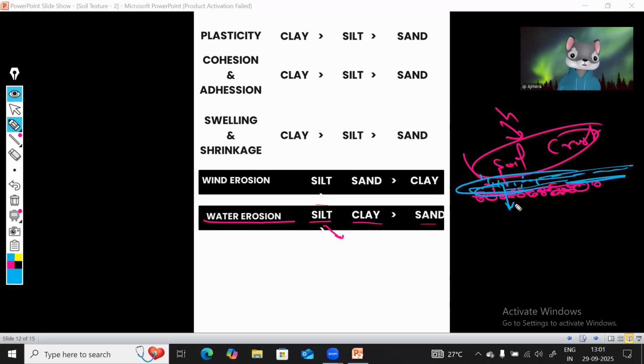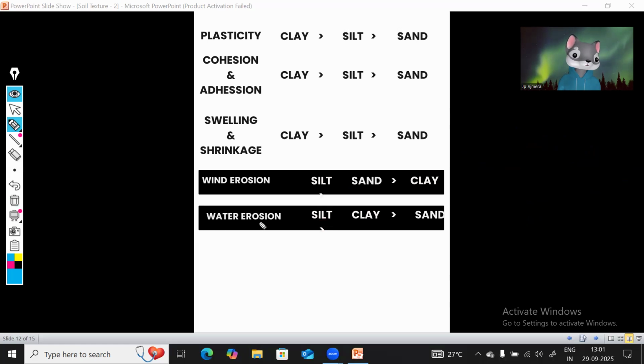Water will not move downward in the soil profile, nor will it enter the soil profile, so it will cause water erosion. That's because of that. So silt is in the first position, and clay is in the second position.